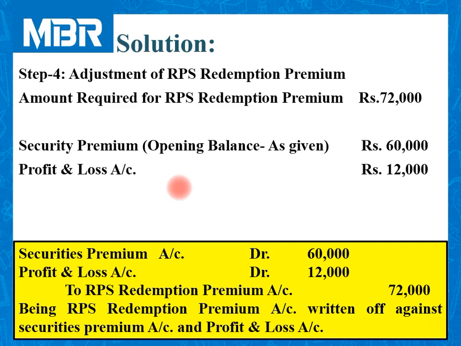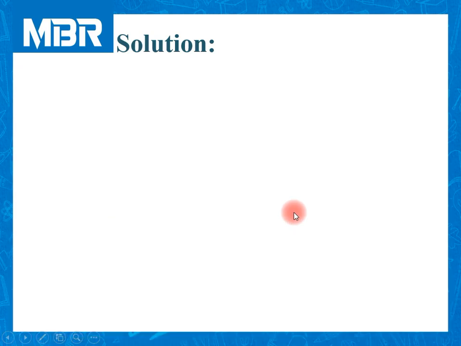So in this way, we have adjusted the amount of RPS redemption premium against the securities premium account and profit and loss account, as the amount of securities premium is not enough. At the end of step number 4, let us move to step number 5.